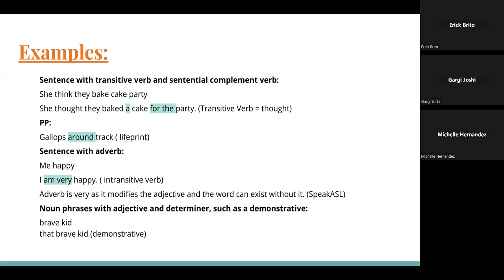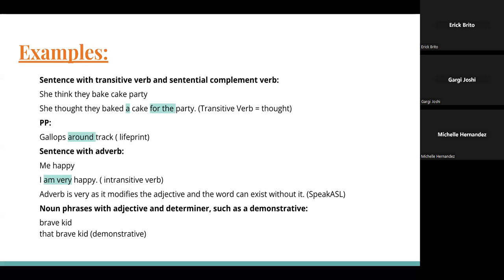Some examples of possible structures. We have a sentence with a transitive verb and a sentential complement verb. This means that there's a sentence with a transitive verb, and the sentential complement is a sentence within itself, so it's a sentence within another sentence. We came up with the sentence "she thought they baked a cake for the party."